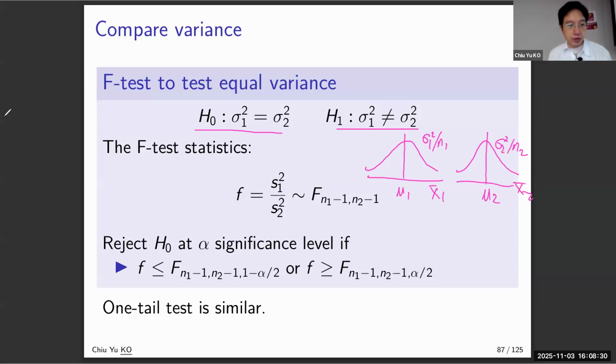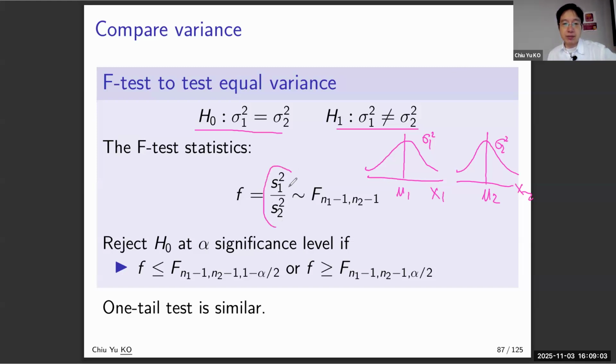Or actually, the bar doesn't matter anyway. So we have two populations here, and we want to check if their variances are the same. We simply take the ratio of the sample variances. We want to see whether these two bell curves have the same variance or not, so just take the ratio of their sample variances.